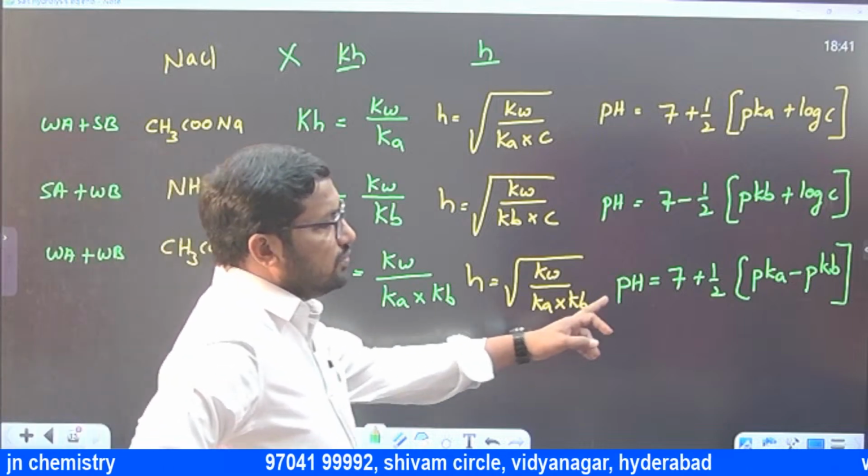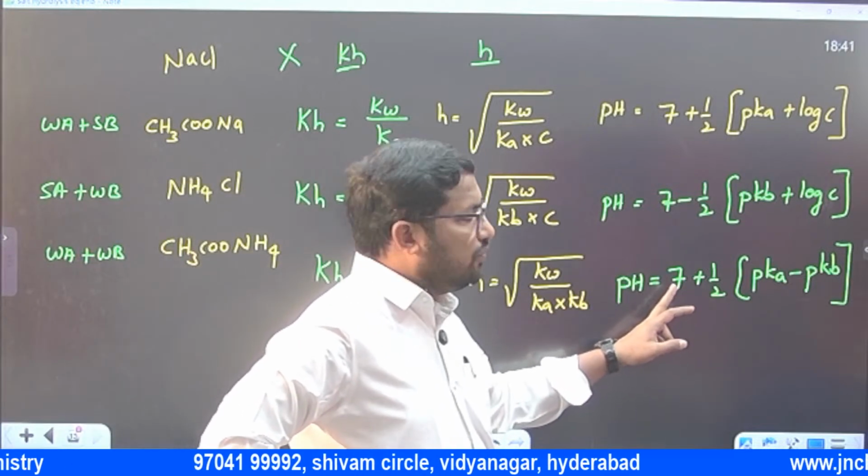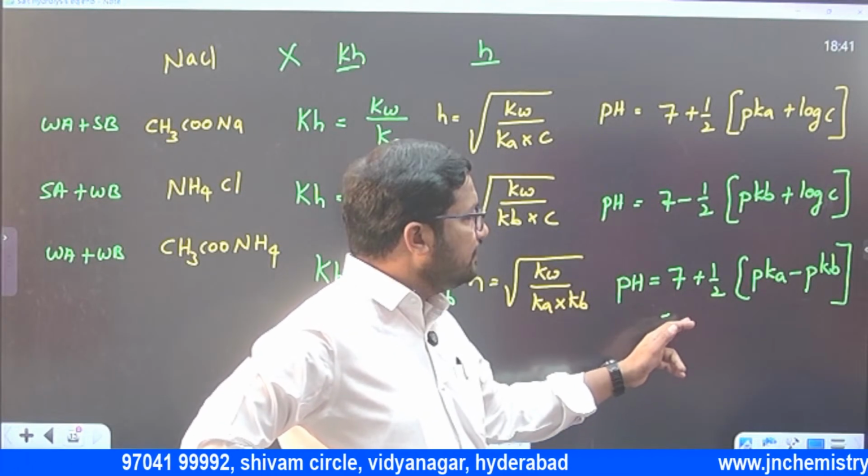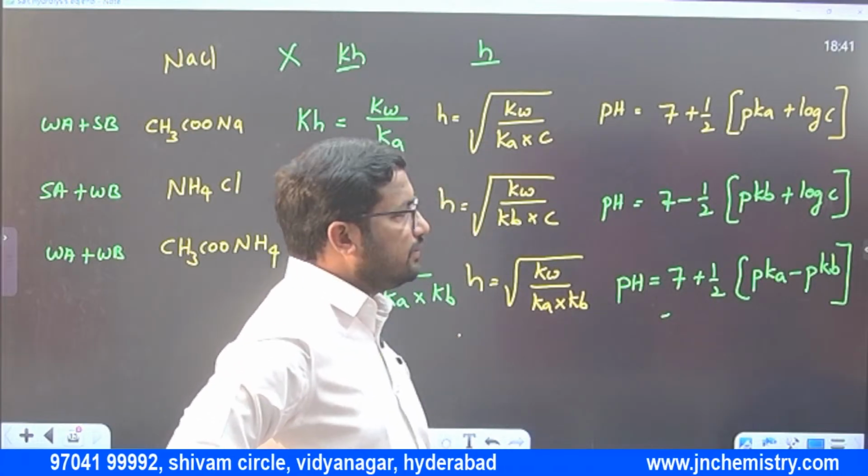Then 1/2 pKw, 14/2, 7. So 7 plus 1/2 of pKa minus pKb.